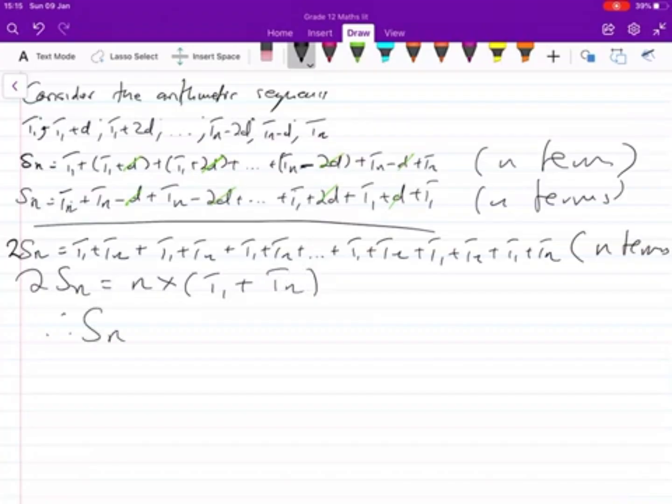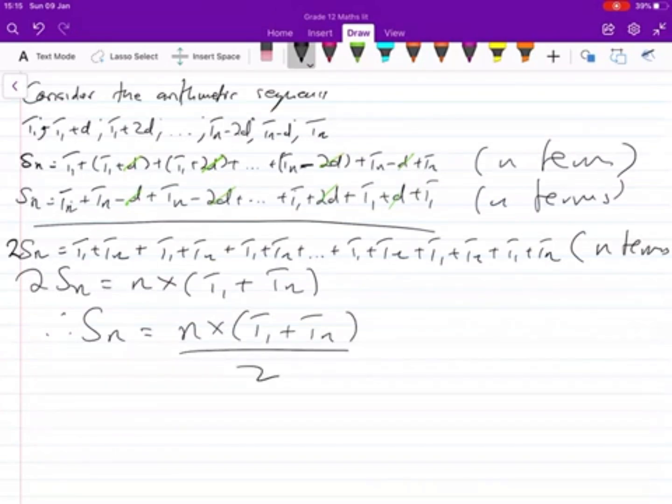And at this point we divide both sides by 2 so that we have n times T1 plus Tn all over 2. And if you want to write it much nicer, it can be Sn equals n over 2 times T1 plus Tn.